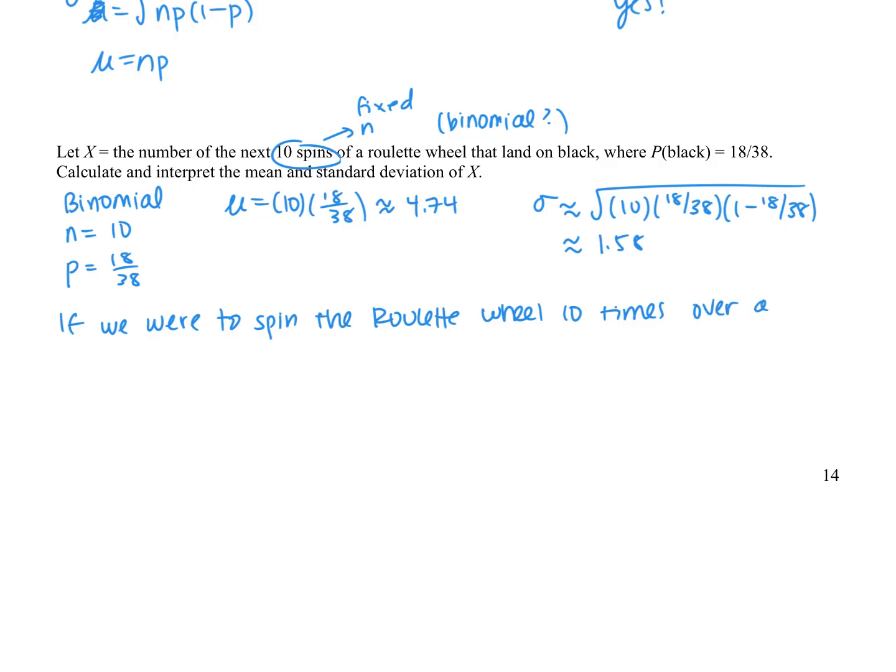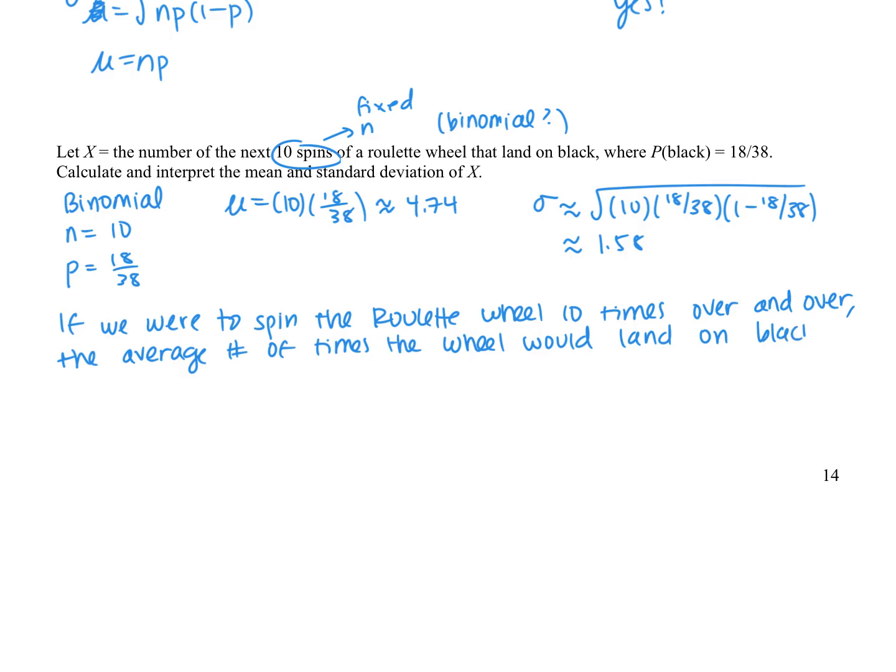Over and over. The average number of times the wheel would land on black is 4.74.